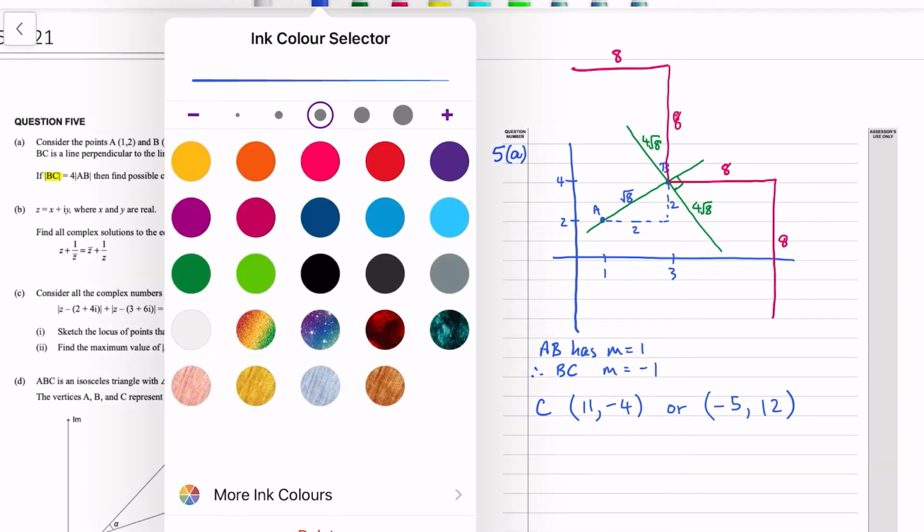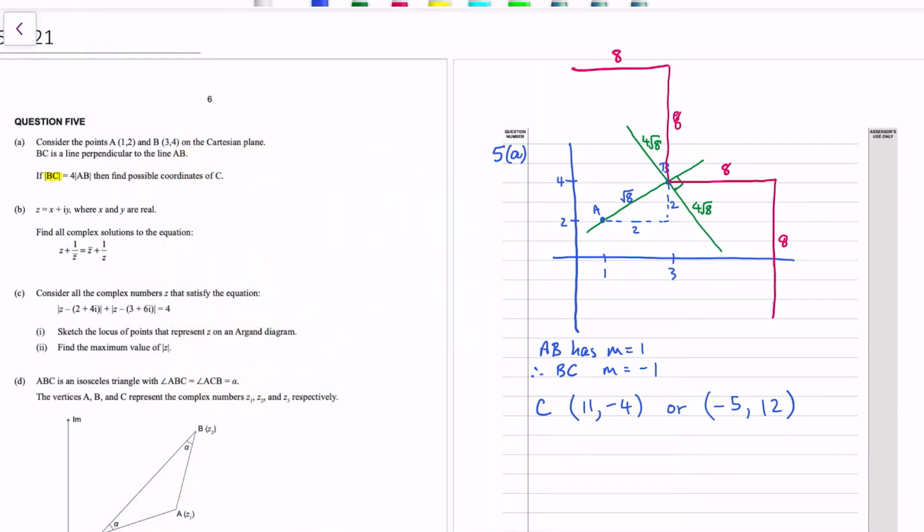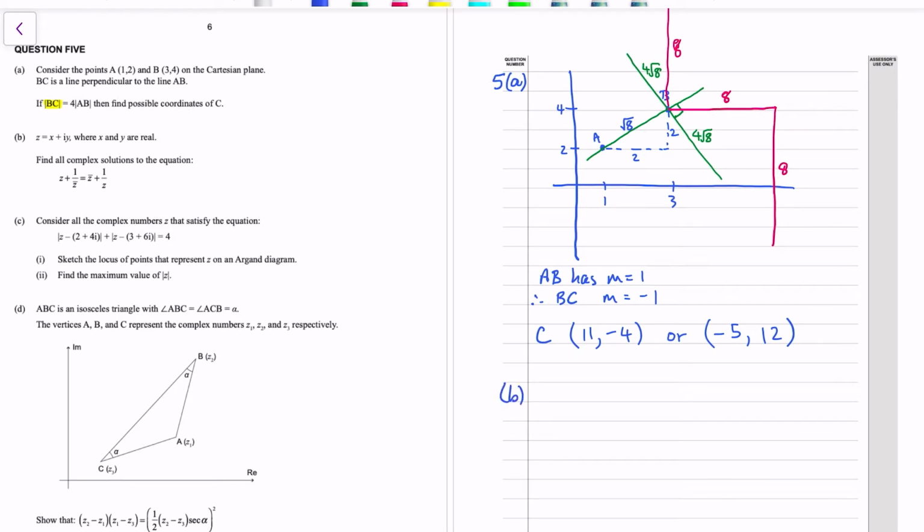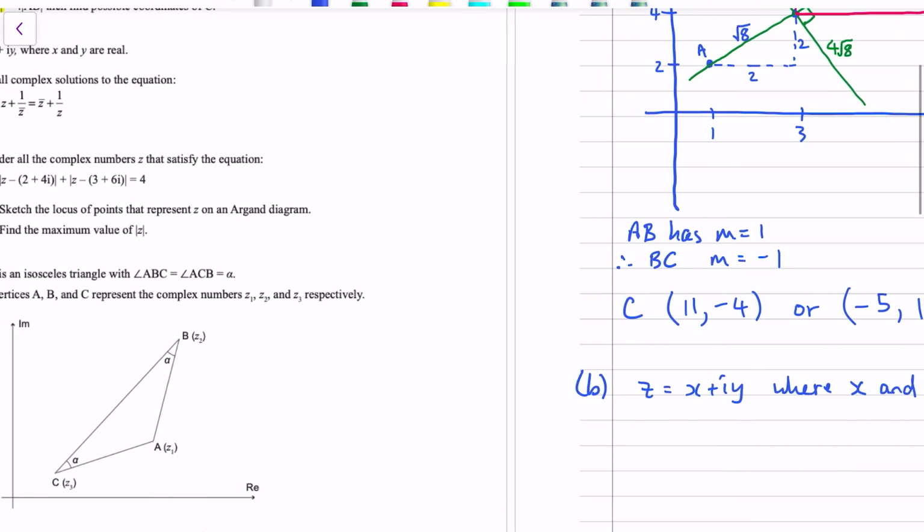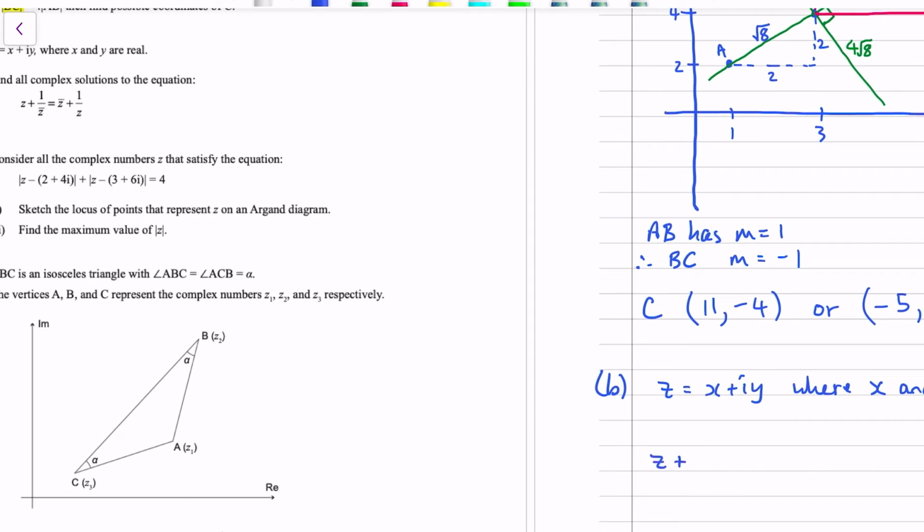Okay, part B. If z equals x plus iy, where x and y are real, find all the complex solutions to the equation z plus 1 over z bar equals z bar plus 1 over z.